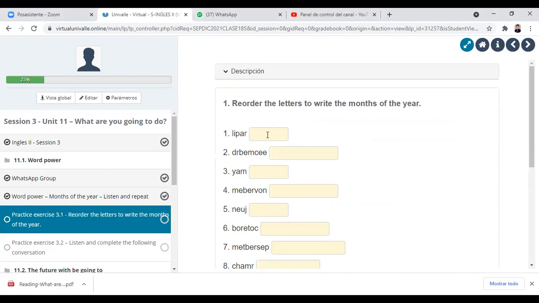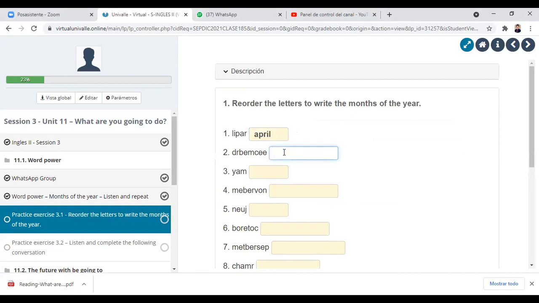For example, we're going to scramble the letters, and this one is April. Something that I want you to highlight is please do not use capital letters, because if you use capital letters, you might have some issues when submitting your answer.